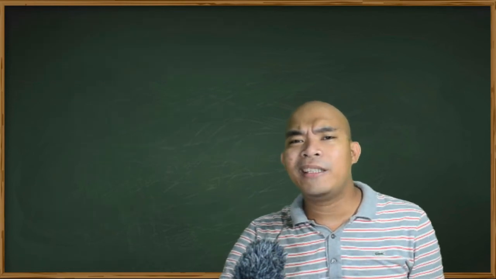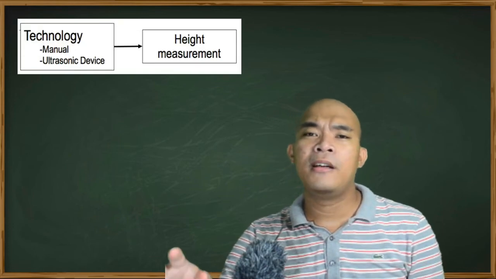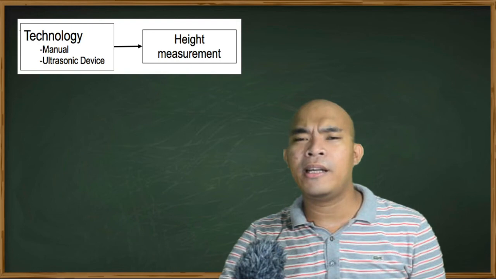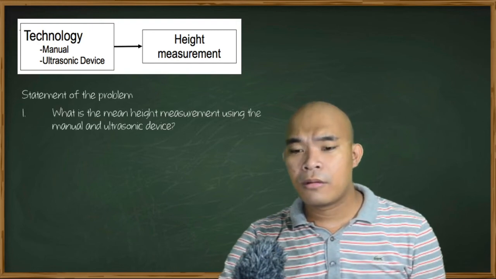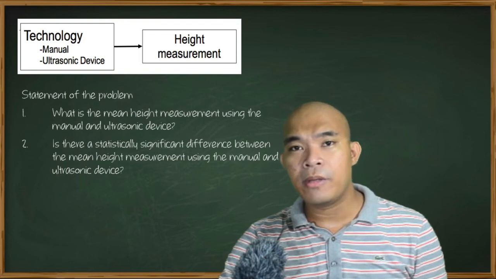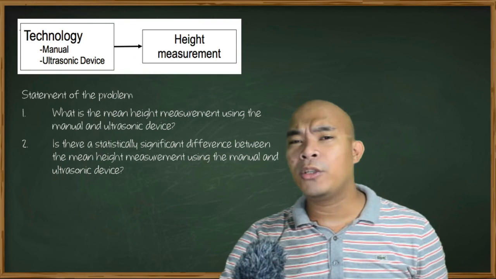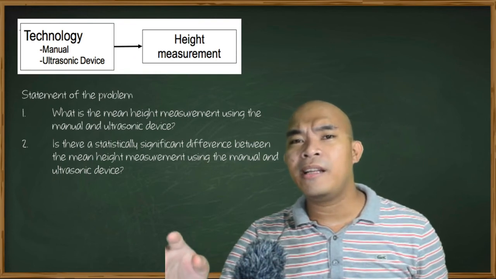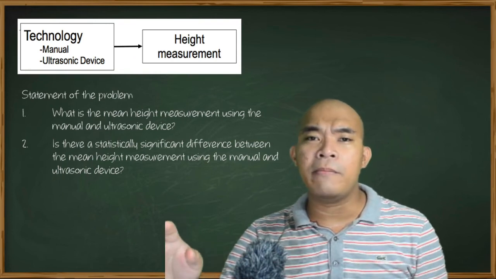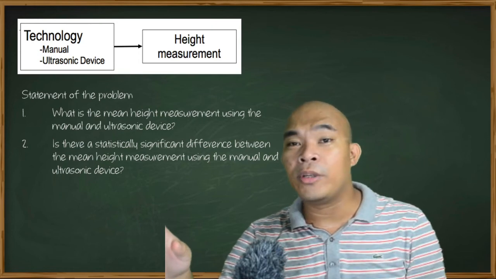So for experimental type framework, we can have the statement of the problem written as, what is the mean height measurement using manual and ultrasonic device? So number 2, is there statistically significant difference between the mean height measurement using manual and ultrasonic device?